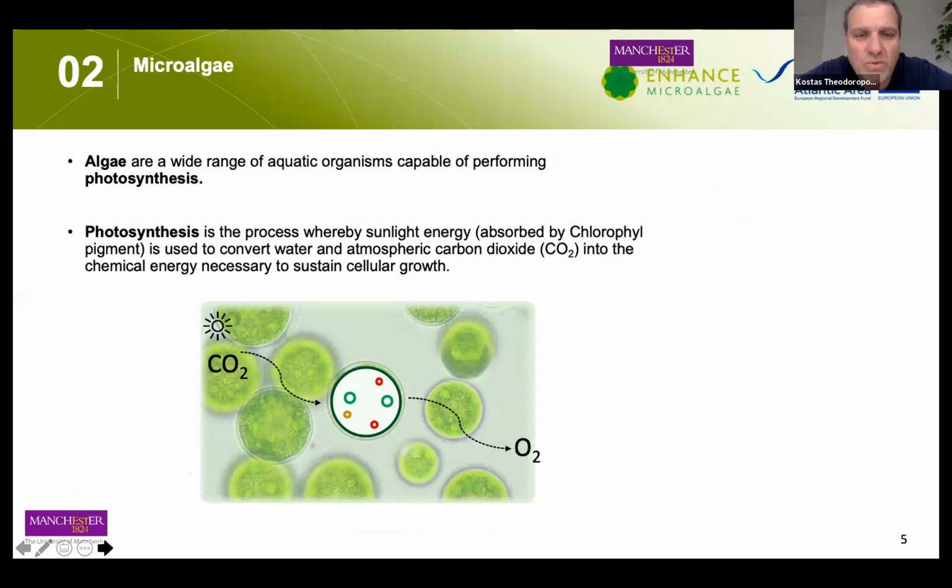It's the process where sunlight energy is absorbed by the chlorophyll pigment, and then it is used to convert water and CO2 from the atmosphere to make chemical energy, and this chemical energy is used to sustain and to enhance cellular growth. And it's within the grown cells that we find the important components that will produce all our added value chemicals and materials.